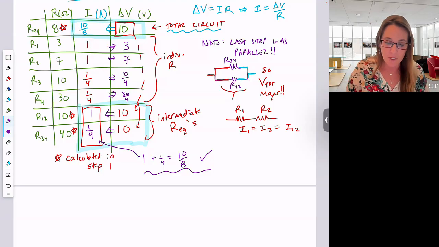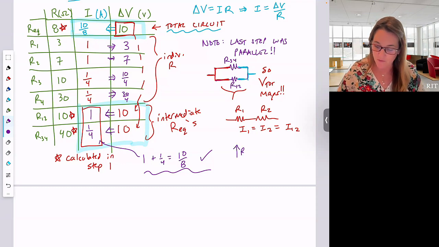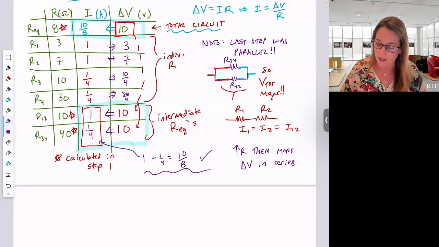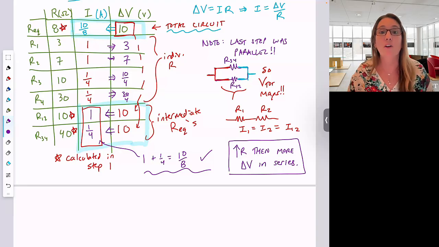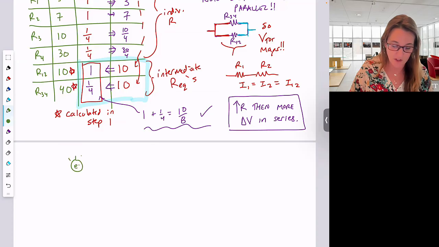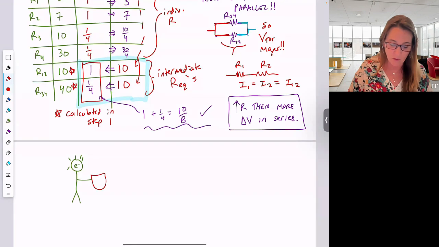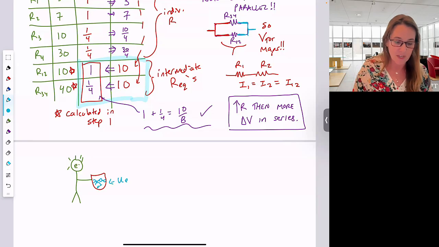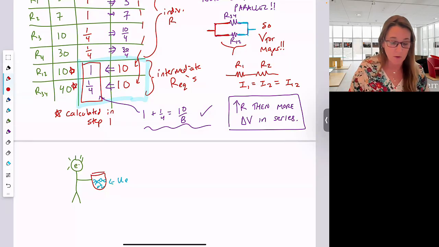What we note is that the bigger the resistor, the more voltage drop it gets when it's in series, right? So when you have the electrons walking through with their little buckets, and I will, just for fun, draw my little electron guy again with his bucket. One way, a little cartoon model, to understand it is he has some amount of energy in his bucket, and he has to divide it up between the resistors.